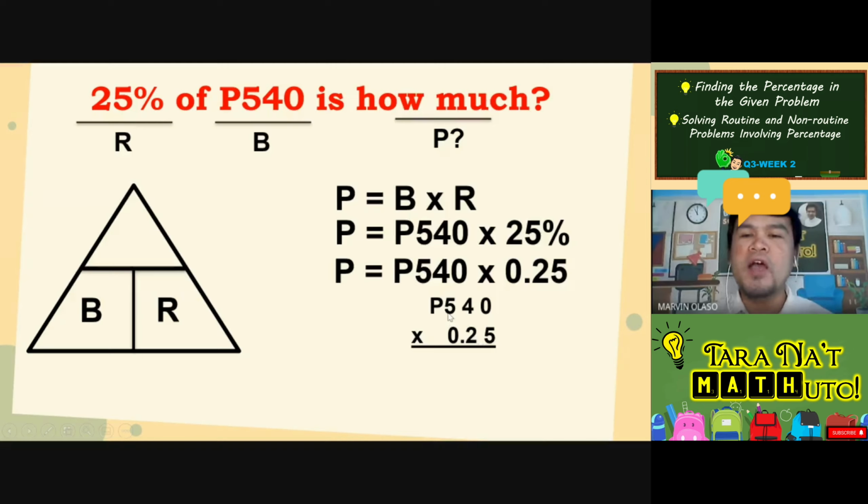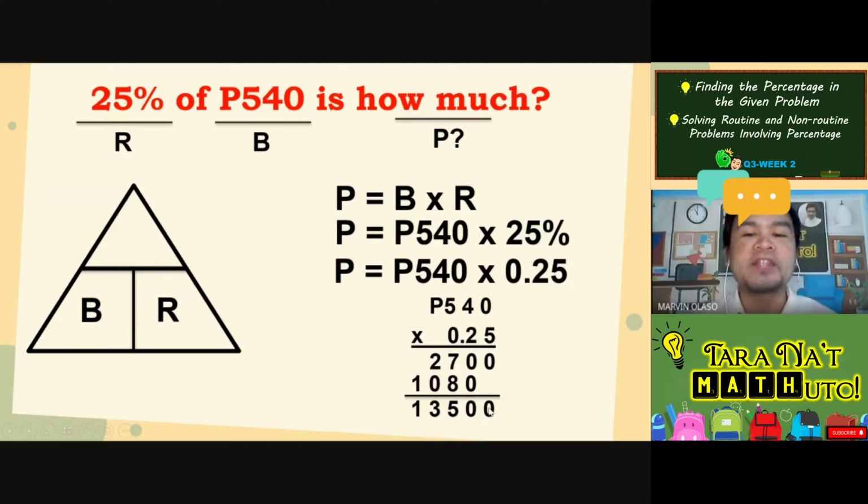We'll start with 540 times 5. We have 2,700. 540 times 2, we have 1,080. And let us now add the partial product. So we have now the final answer of 13,500. Now, by putting the decimal point, kasi dalawang places na yan, 2 decimal places starting from the right, going to the left.